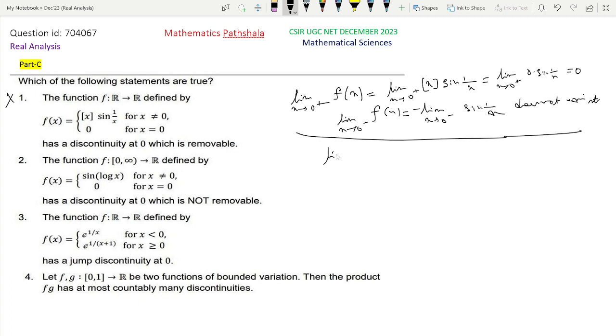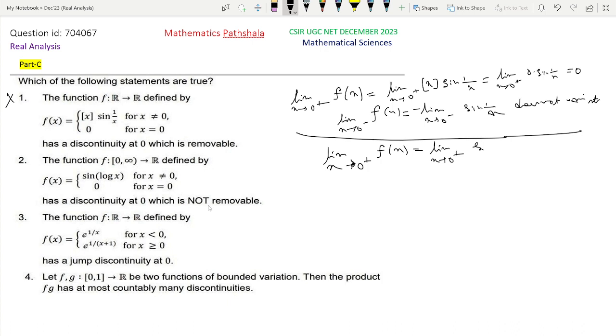For this, actually we should not calculate the limit as x tends to 0 minus, because the function is defined from [0, infinity).